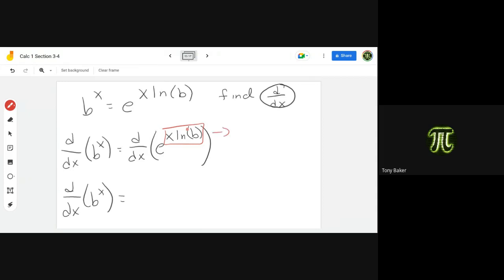What's the derivative of x ln of b? Just ln of b, because x ln of b is a constant in this situation, right? Remember what we did in the last class when I said if there's other variables, we're not dealing with them, we just treat them as constants? Ln of b is a constant in this case. So if it was 2x, the derivative would be 2. In this case, the derivative is just ln of b.